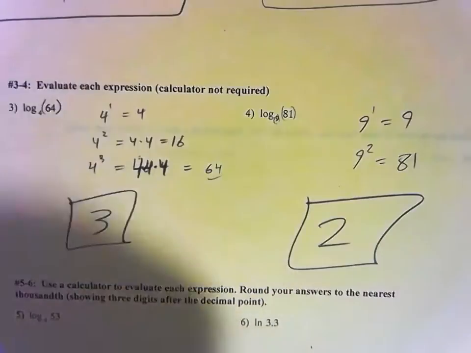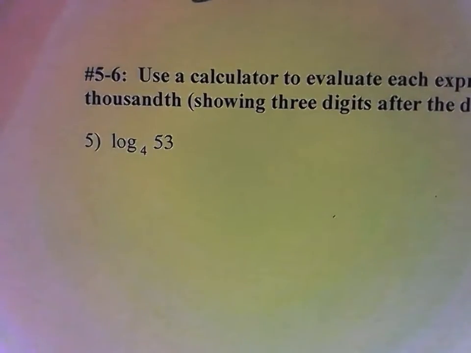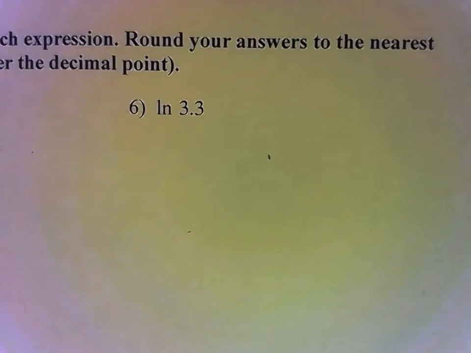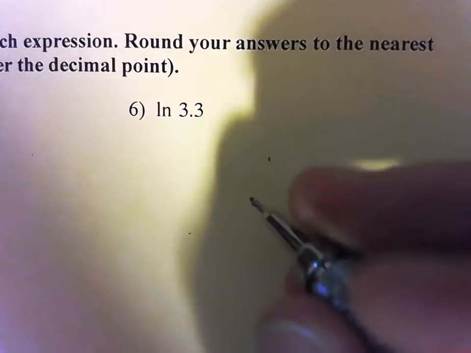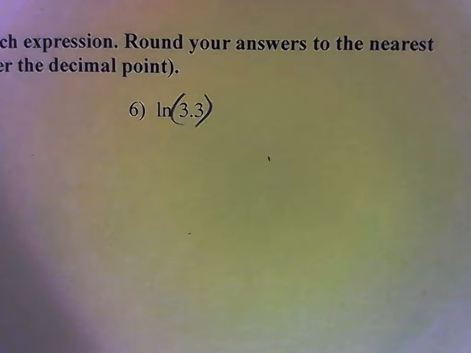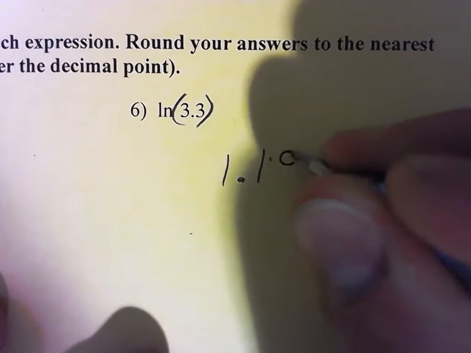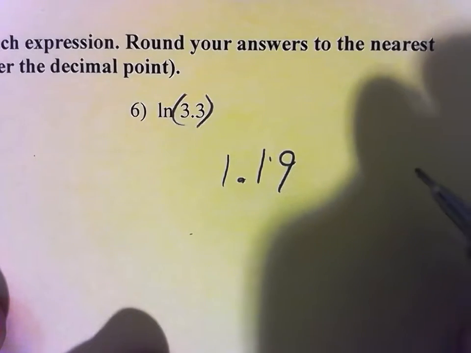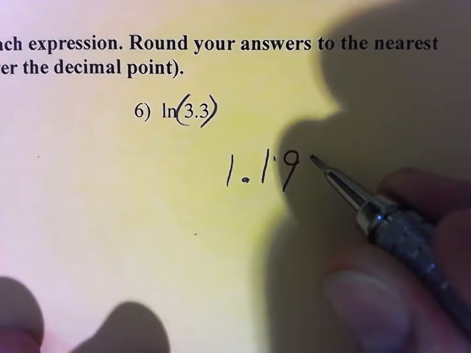Okay. Calculator. Well, let's do natural log first. That's really easy. Just use the LN button on your calculator to do the natural log and type in 3.3, and it will tell you 1.1939224684.